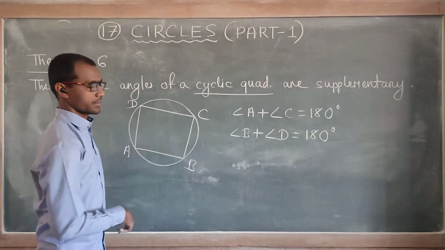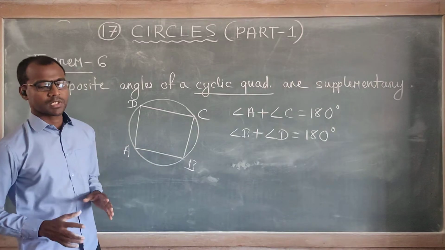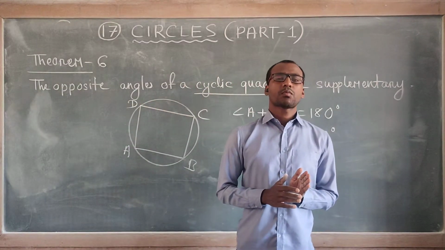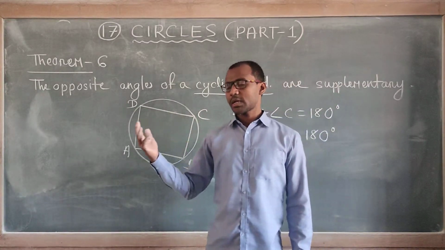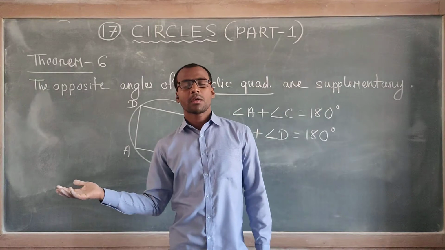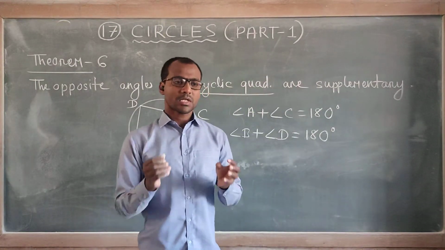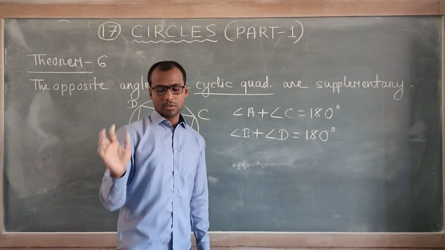Then it's converse of this theorem. Okay. What is this theorem? If a quadrilateral is cyclic, then its opposite angles are supplementary. Its converse will be, if opposite angles of a quadrilateral are supplementary, then it must be a cyclic quadrilateral. Means there must be some circle that can pass through all the 4 vertices of the quadrilateral.